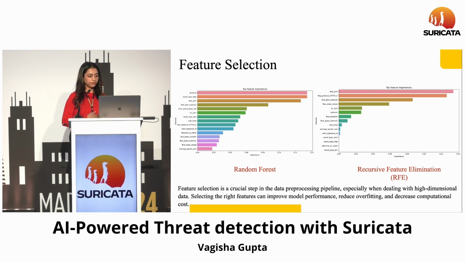The top 15 features for random forest are shown on the left-hand side, and you can see the protocol, the event type, and the HTTP destination port, which was 80 in my case. These were the topmost features that had the most important values. And the recursive feature elimination only gave around 10 features of highly important values.